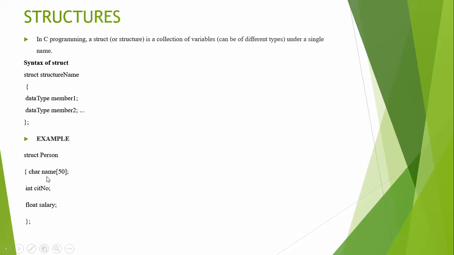Character name 50, that is, I am assigning a character array for the name and it can hold a size of 50, and then int city number, float salary. So in this structure, I have a data member with data type character, a data member with data type int, and a data member with data type float.